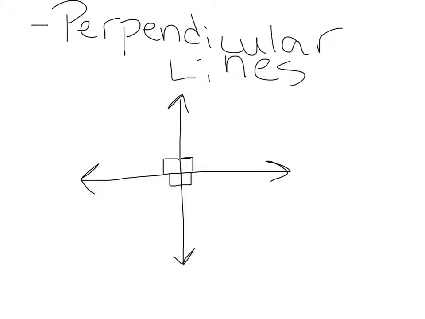And so when two lines form 4 right angles, they're considered perpendicular. And so here is my 90 degrees.